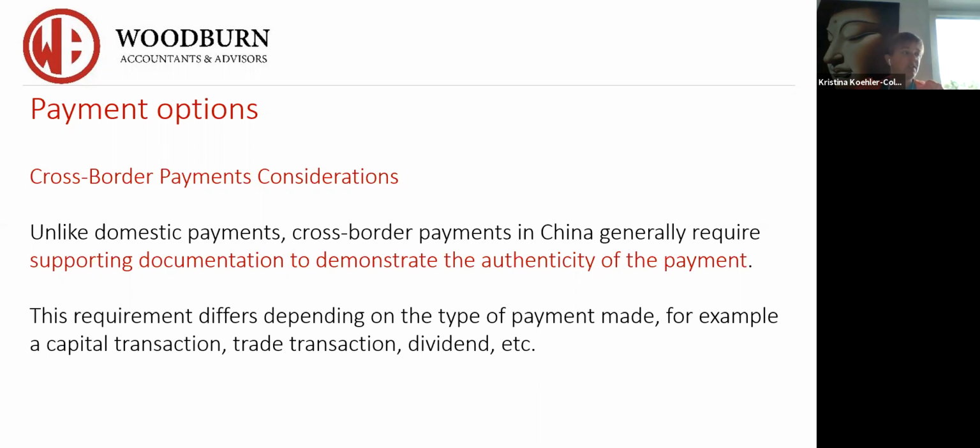I have spoken to overseas companies that are waiting for payment from the Chinese company, and it can end up being over a year before they see payment because it's stuck with the tax authorities. So not fun, but I don't foresee any of that changing anytime soon in terms of timing. It's just something you have to take into account when you are invoicing and when you're expecting payment to be made.